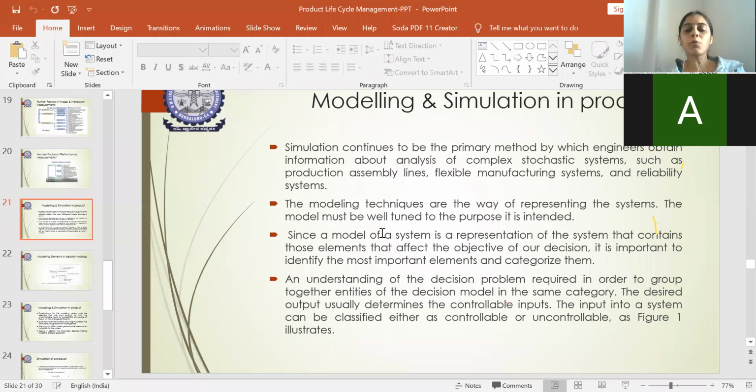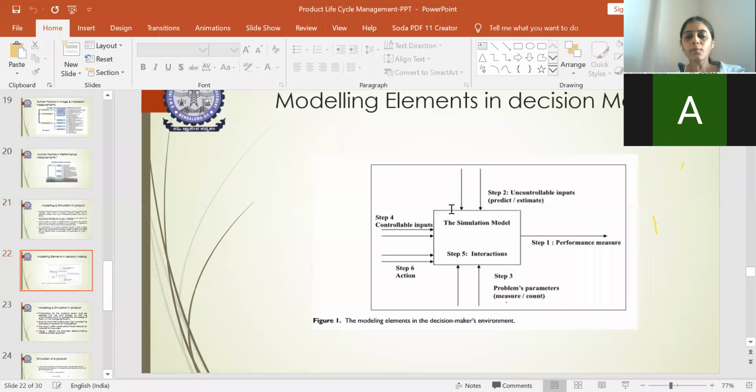So first you do the modeling and you check the parameters which are needed to generate a mathematical equation and create the modeling part, and further it will be associated with the simulation aspects for the different stochastic systems you will be dealing with. Okay, so this is just a general description related to the modeling and simulation of a product.